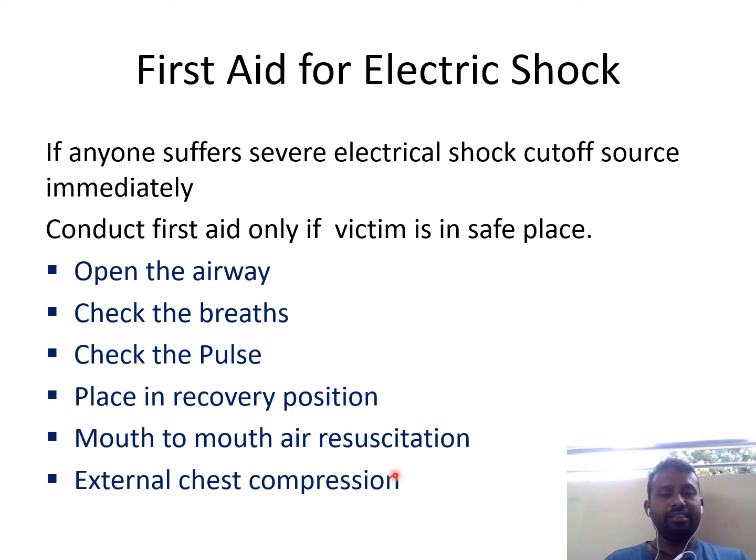You have to press the chest so that any blockage or blocked air is cleared and the breathing is clear. So these are some of the first aid steps that you need to follow when there is an electric shock victim.